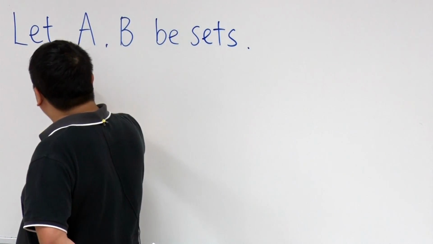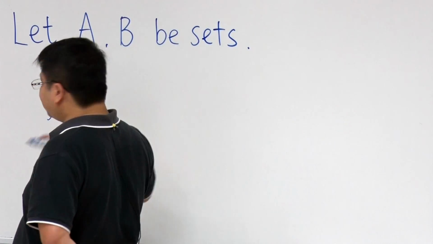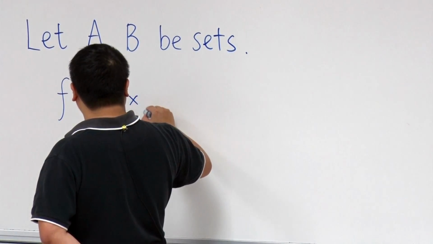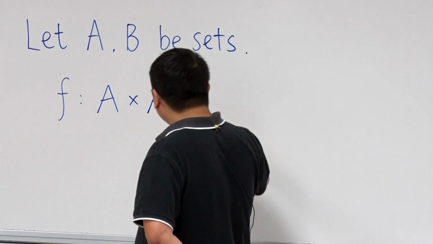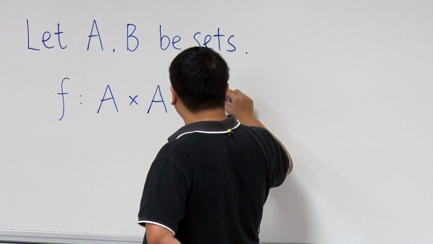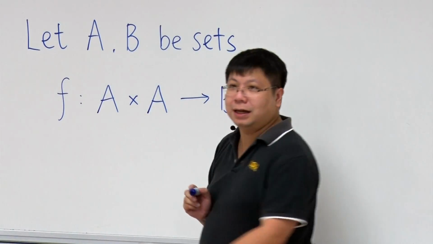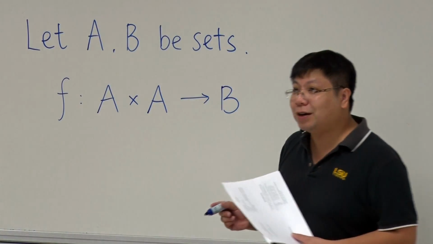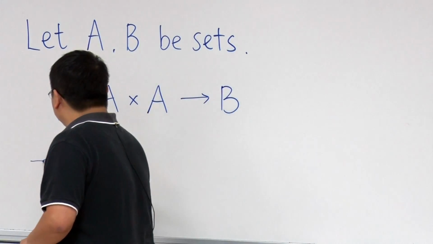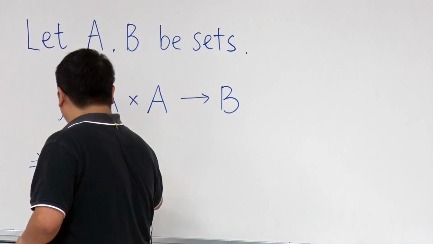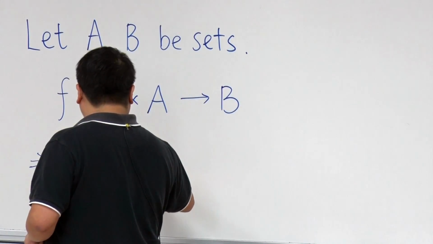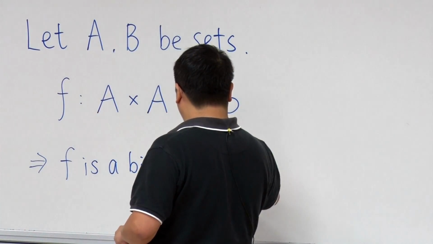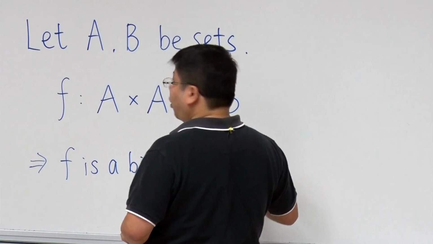If we have a function f that takes two inputs from the set A and maps them to an element in B, then in that case we say f is a binary operator, or operation. Is that okay?